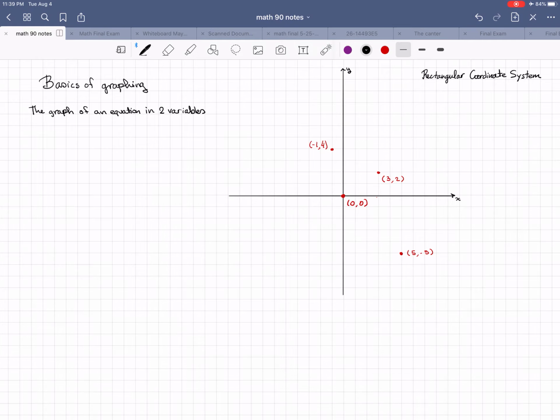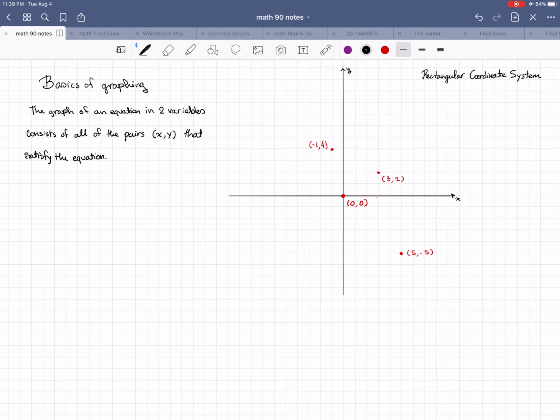So the graph of an equation in two variables consists of all of the pairs x, y that satisfy the equation. So, for example, if the pair 3, 2 satisfies the equation, and we'll play around with it to see what that means in a minute, that would mean that the point 3, 2 is a point on the graph.